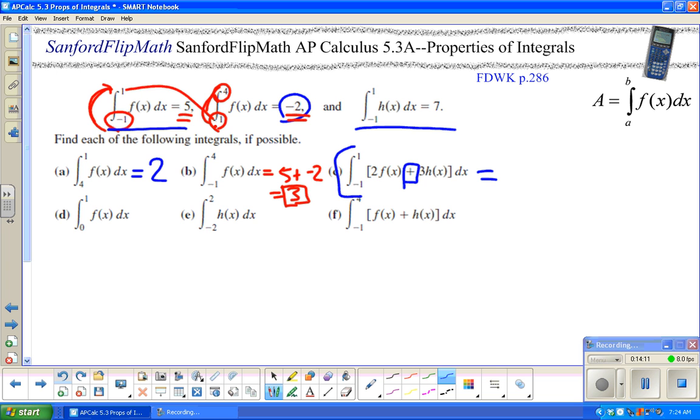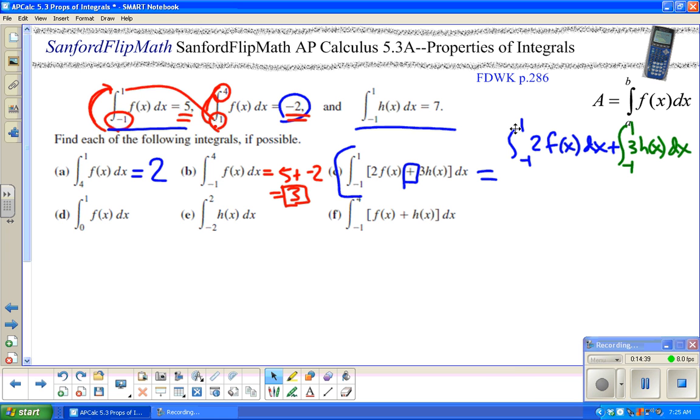I have addition, excuse me, for two different functions being added together inside the same integral. I have a property that says I can break that up. So I'm going to write from -1 to 1 of 2 times f of x dx plus from -1 to 1 of 3 times h of x dx.